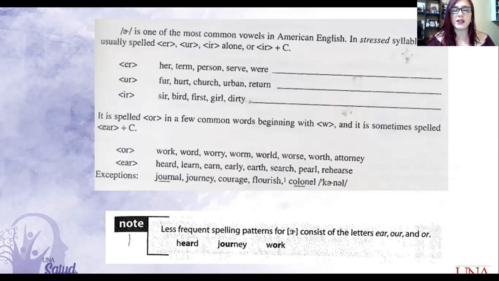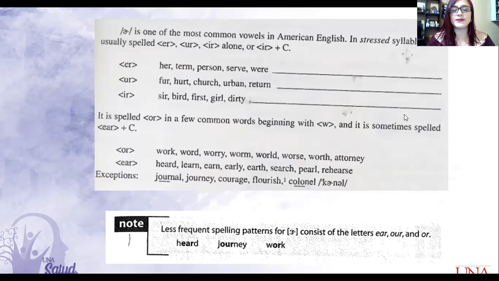So it is also spelled with OR in some common words, but very few words, by the way, starting with the letter W, and it is sometimes also spelled with the letters EAR, plus a consonant. Like the examples we have here with OR: work, word, worm, whirl, worth, attorney. You can see all of them are with W, okay?